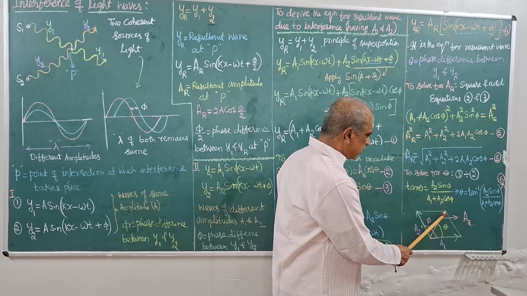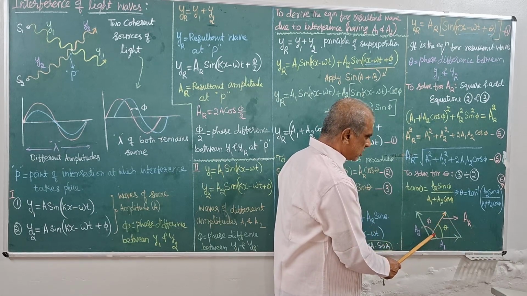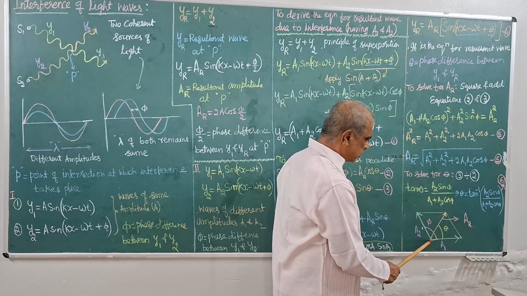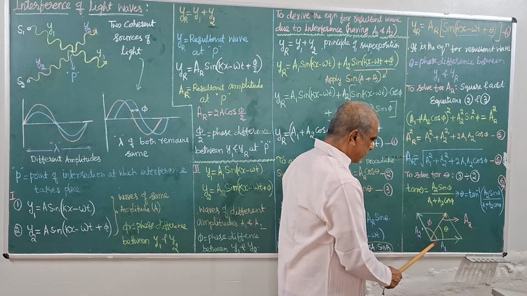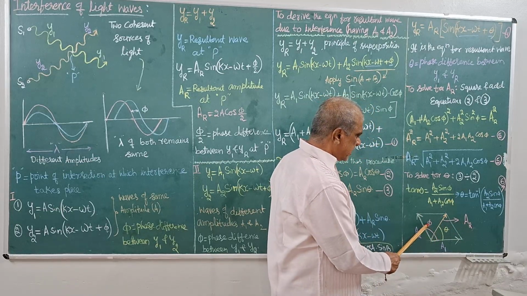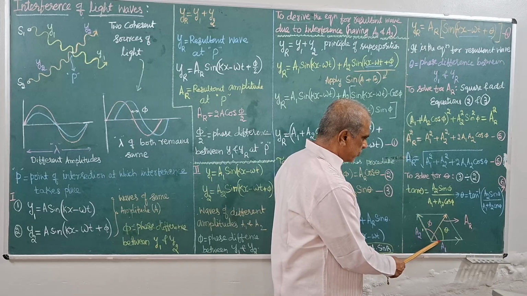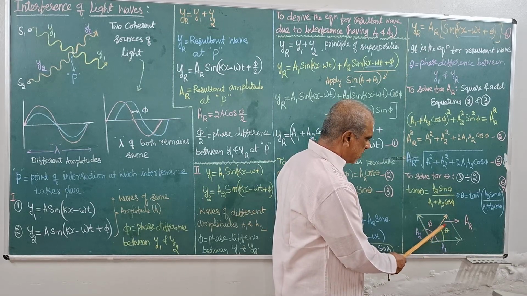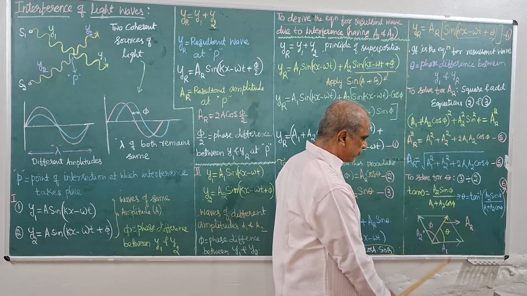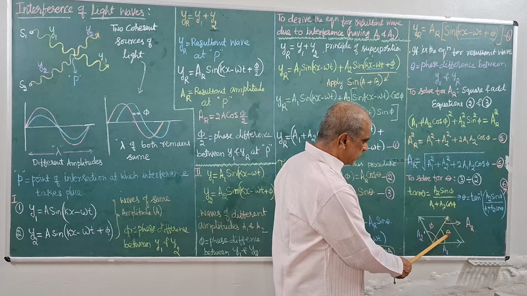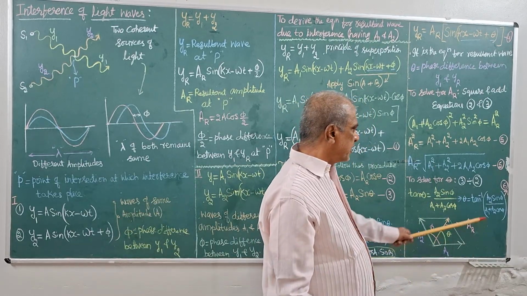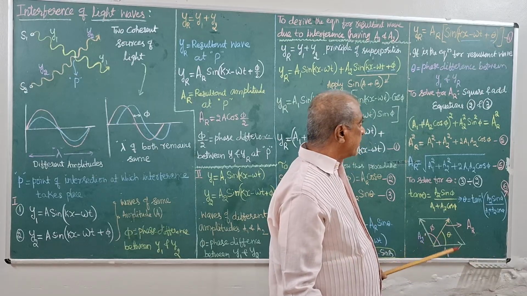So this is the resultant amplitude, this is the A1 amplitude, this is the A2 amplitude: magnitude of A1, magnitude of A2, and the magnitude of AR. Phi is the angle between these two, and theta is the angle between AR and A1. Look at this: first wave and the resultant wave, theta. Here we understood the difference between theta and phi.